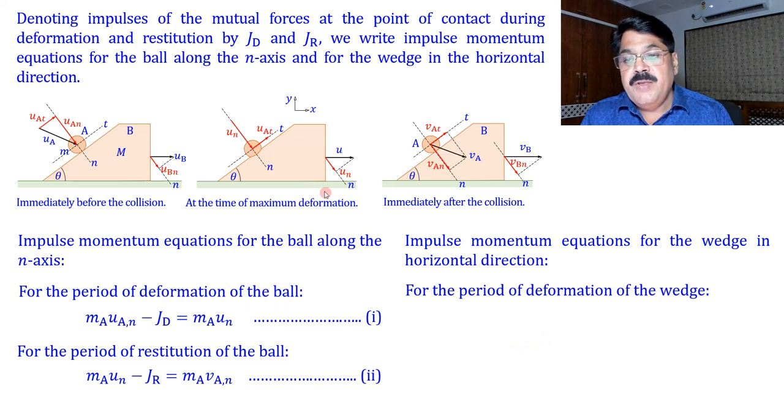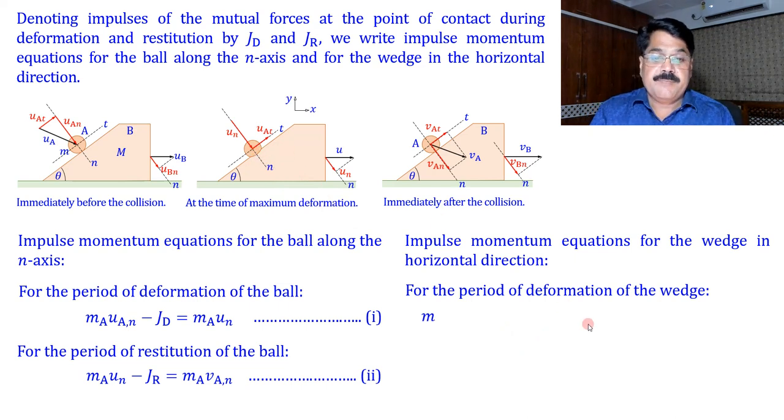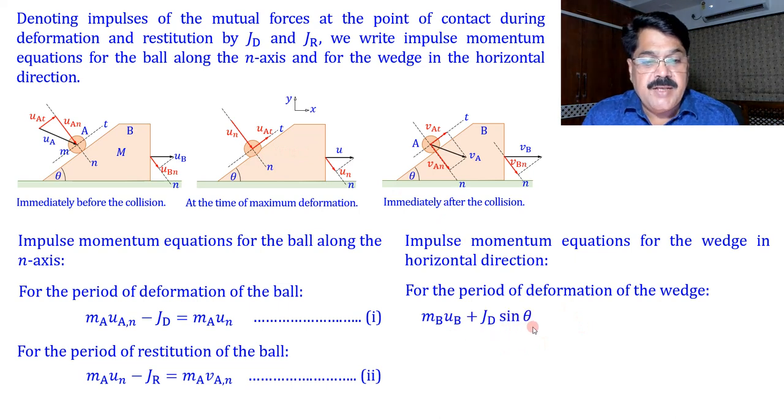Actually, you can see that will act in this direction. Now from vertical this angle is theta, so from horizontal this angle will be 90 minus theta. So that component will be what? JD or JR cos 90 minus theta, it means sin theta. So MBUB plus JD sin theta is equal to MBU.